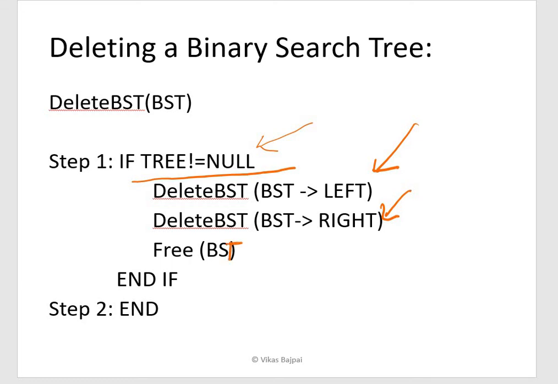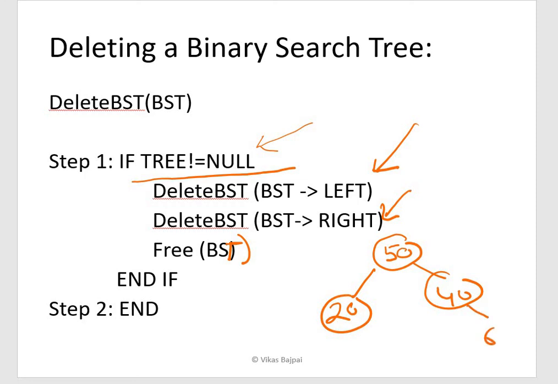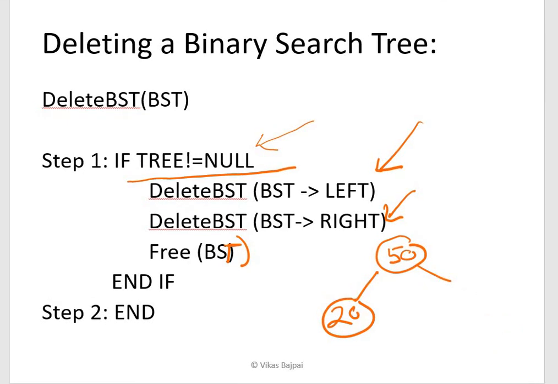And just a small mistake, this is free BST. Let me take one example once again. 20, here I have 40, once again 60, and maybe sorry, I'll draw it once again for you. So 60 I have, and then 70, and then let me take 55, to be on the safer side.